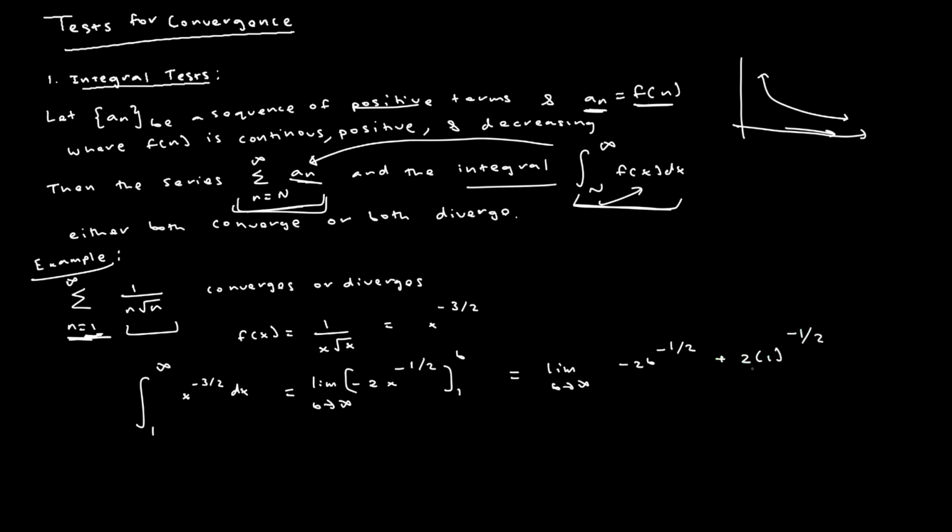So that part evaluates simply to 2, plus negative 2 over b to the 1/2 as b tends to infinity. This denominator will tend towards infinity, and so the entire fraction will tend towards 0. And so we do get that this integral converges to 2.